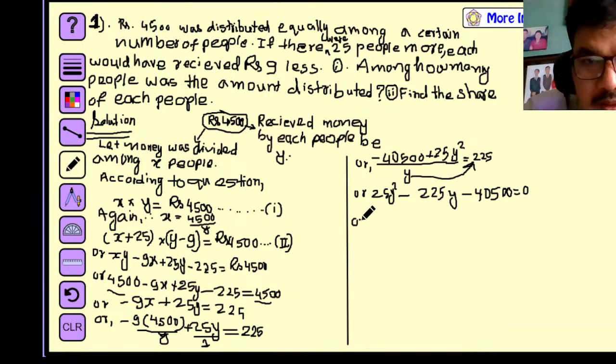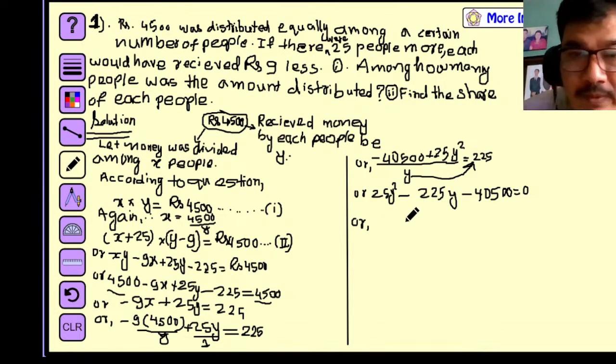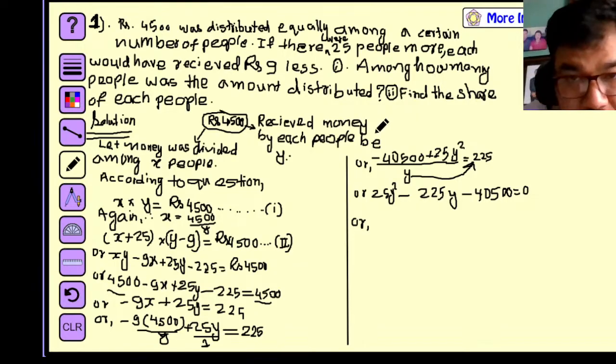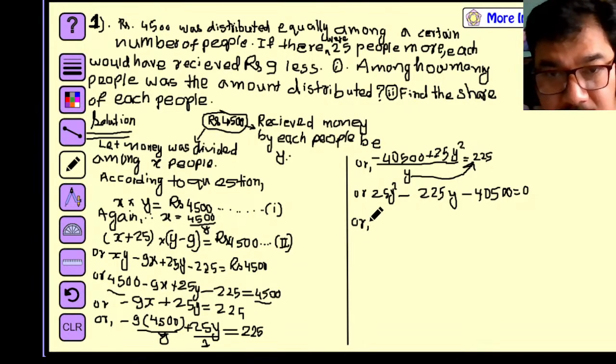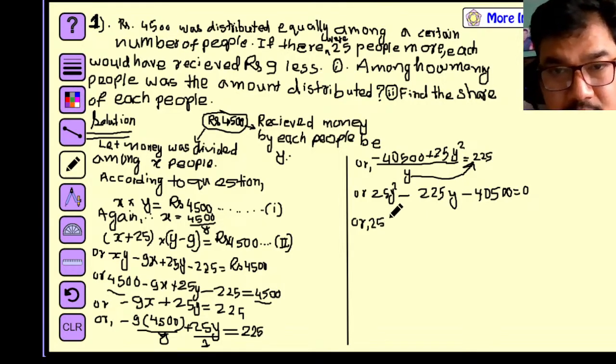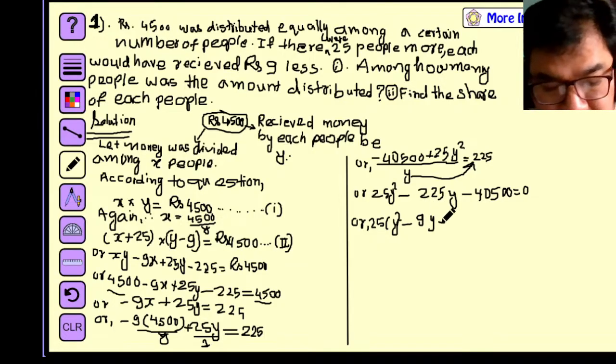Now write the next one, that is OR. From all this, let's take 25 common. If you take 25 common, what happens? Look here, take 25 common, then it remains here y square. Minus, 25 into how much? 9, so that's why it will be 9y remaining here, and here is also minus.